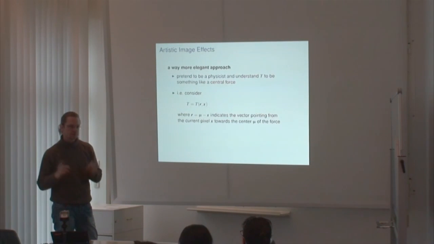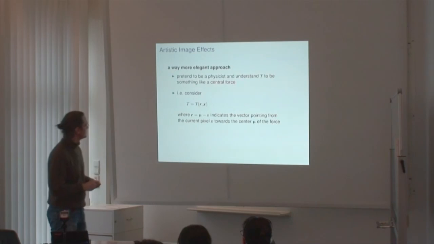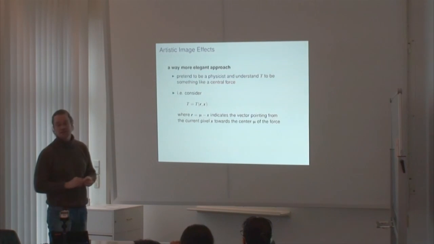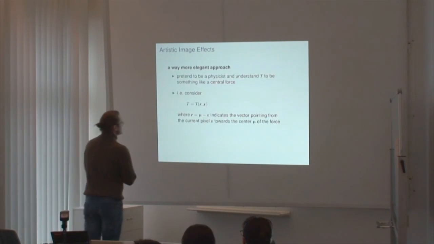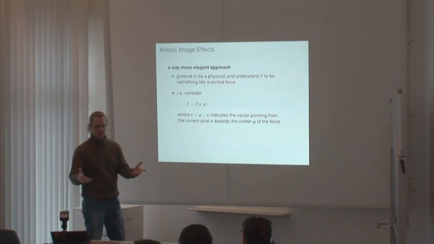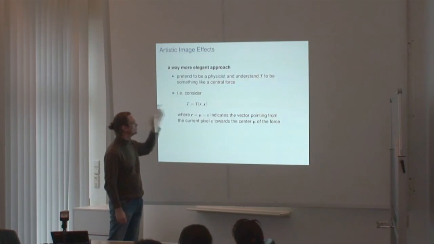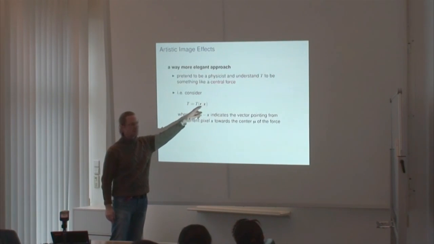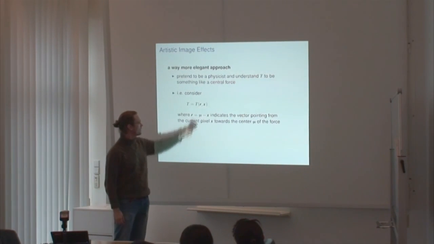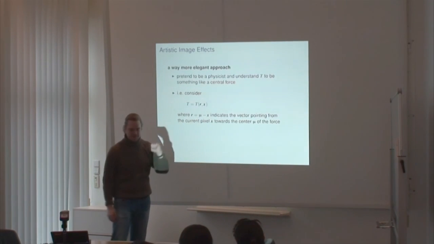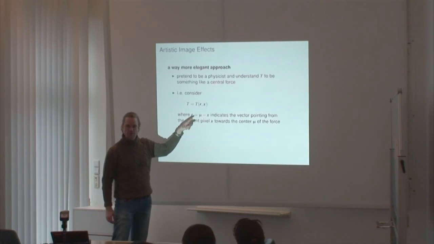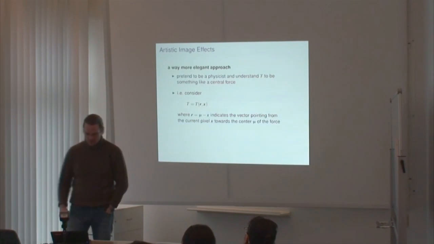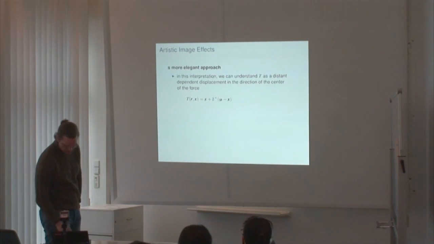It is much smarter, and we'll see why next time, to think about the warp function t as something like a central force, right? That is to say that instead of going to polar coordinates, we may just as well compute, given a pixel coordinate x, warp functions t of r and x, where r is simply the vector pointing from the current coordinate x to the center mu of this magnifying glass, and take it from there.